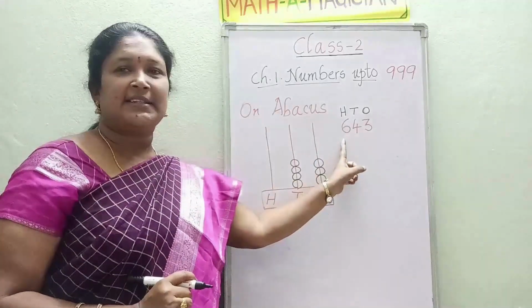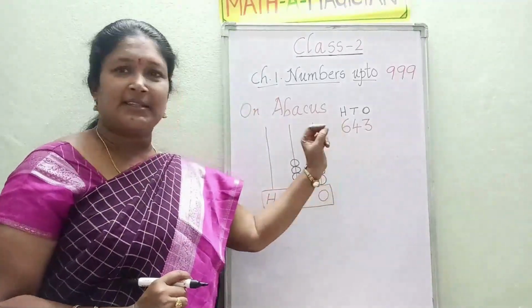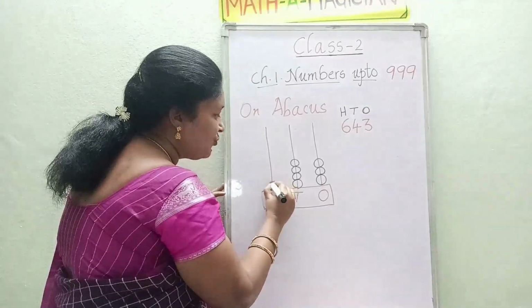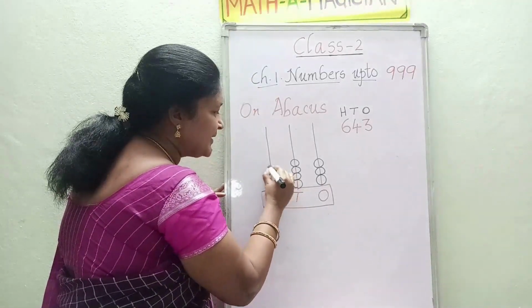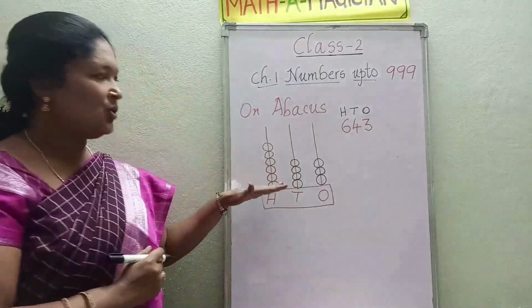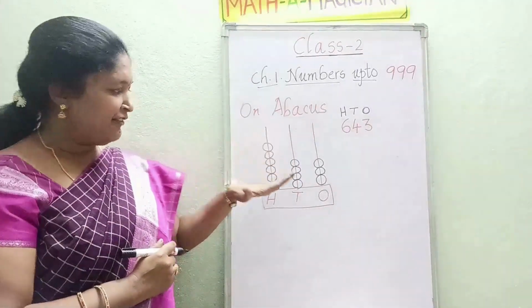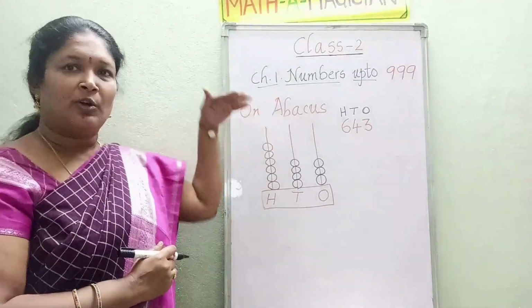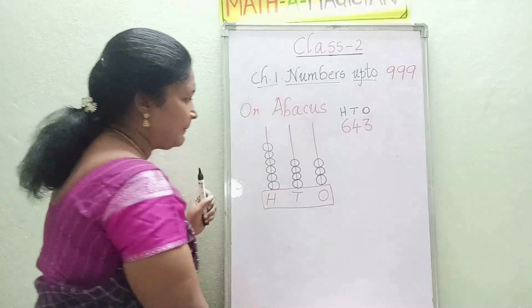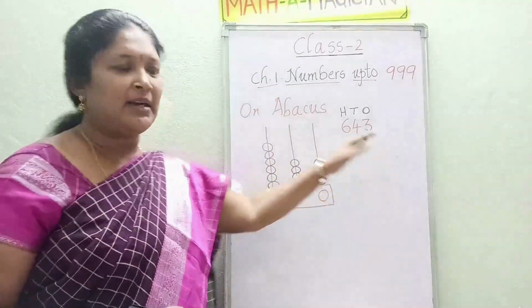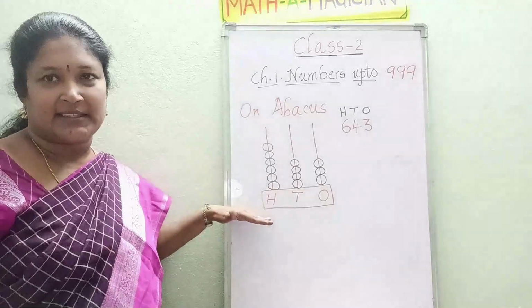And which number is there in hundreds place? 6 is there in hundreds place. So in hundreds place we should draw 6 beads. And all the beads should touch one another. And from down to up you have to draw, not from up to down. So here is the representation of a 3-digit number on abacus.